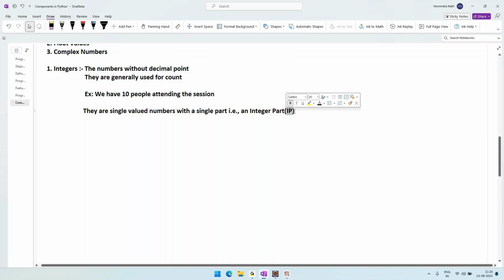We call the integer part IP. So IP is the integer part. Okay, so IP means integer part. So we call it the number with a single part, which is IP.